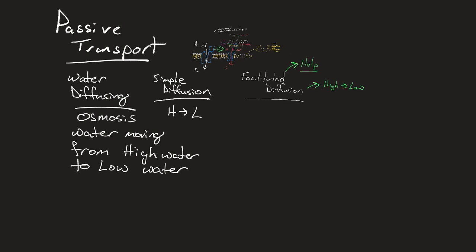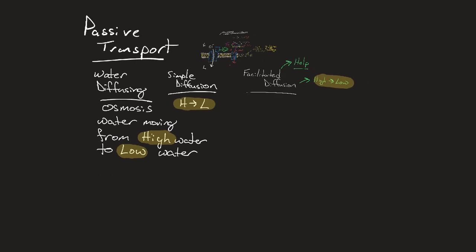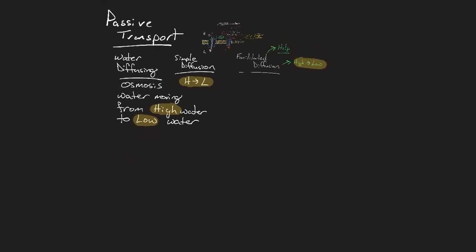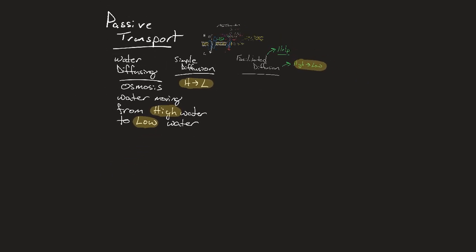All these are examples of going from high to low. High to low, high to low, high to low. There is no extra effort necessary. However, there are examples where you need to go the opposite direction.